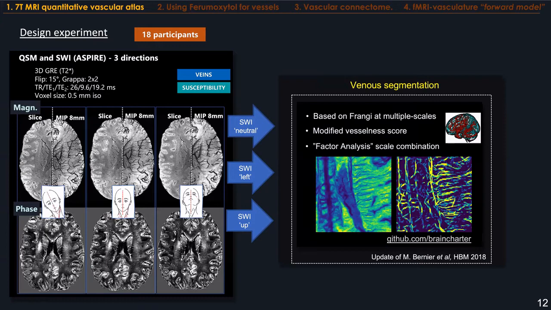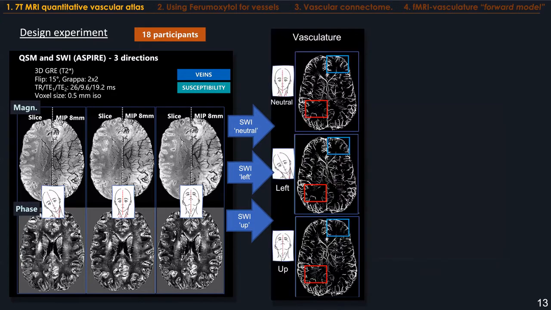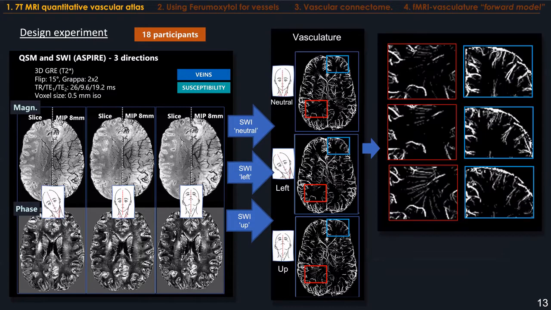You will see that this approach is used all the time during the presentation. If you want more details, I invite you to see the related paper or the GitHub repository, of course. Using this approach, you get 3 different segmentation. And here, what we found, and that was a little bit surprising, and at the same time, it was confirming our hypothesis, is that there might be breaks and holes in the vasculature at different head orientation.